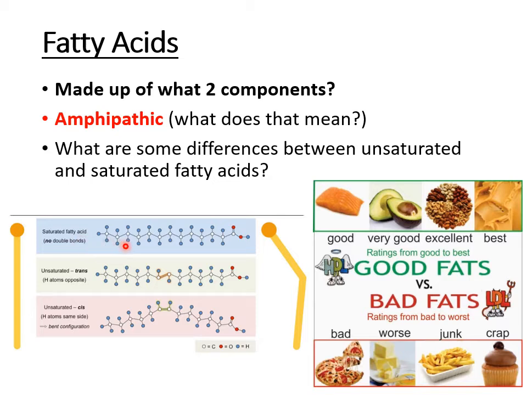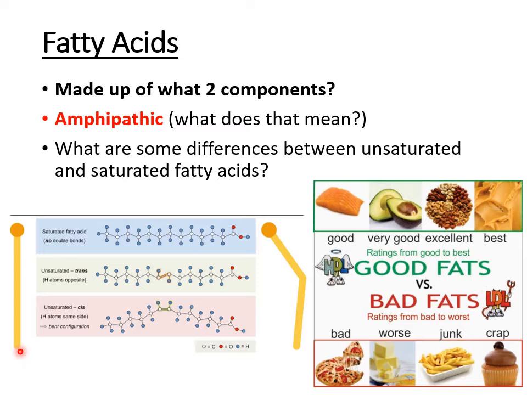Now, you'll notice that on the previous slide and on this one, you see the terms saturated and unsaturated fatty acids, and I'm sure in your everyday life you've heard about these terms as well. When we talk about the differences between unsaturated and saturated fats, there are a few things I want you to be aware of.